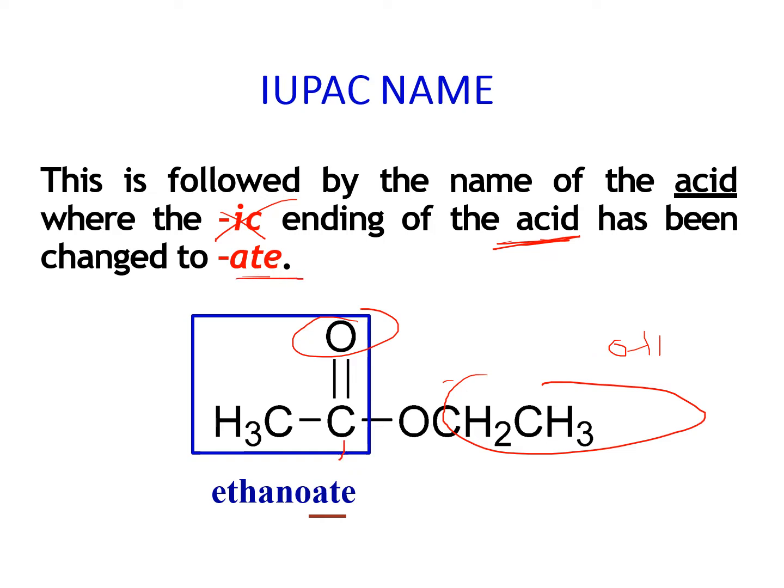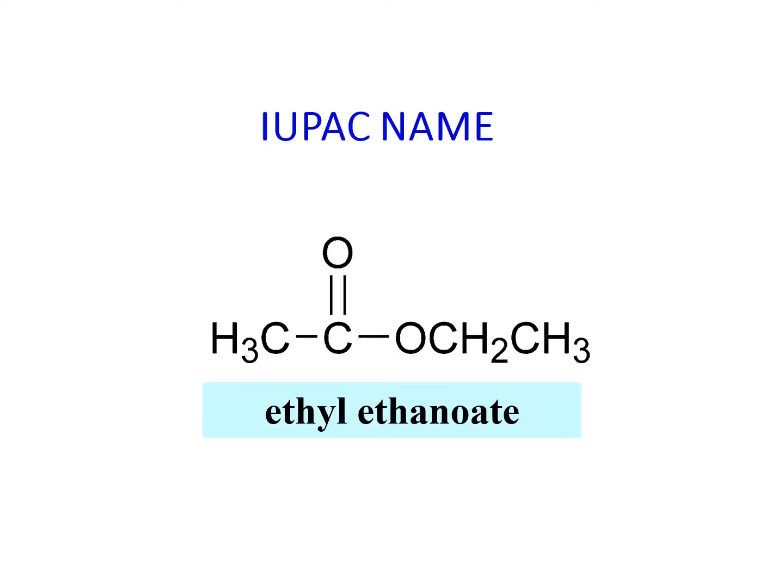For example, here we have 2 carbons, so that is ethane. For carboxylic acid it becomes ethanoic. Now we remove the ic and substitute it with ate, so it becomes ethanoate. Combining with the earlier alcohol part and the acid part, it becomes ethyl ethanoate.